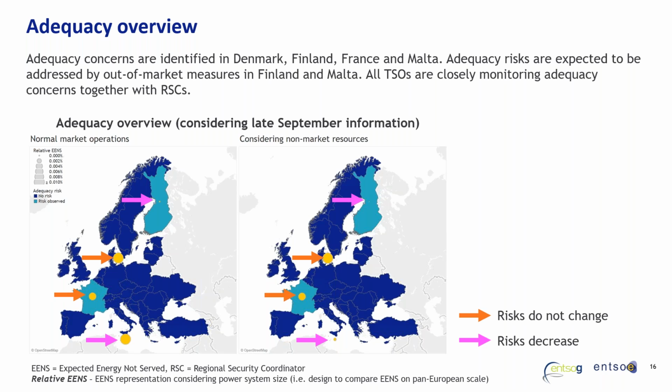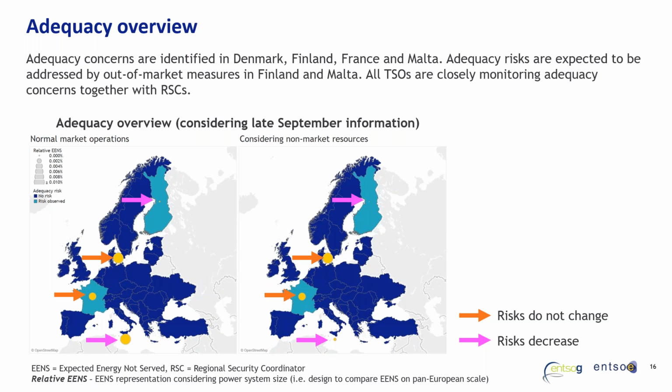With these arrows, what I wanted to point out is that we have two situations in Europe. With the orange arrows, I marked the countries where non-market resources are not reducing risks. This is explained simply: there are no non-market resources in those power systems.